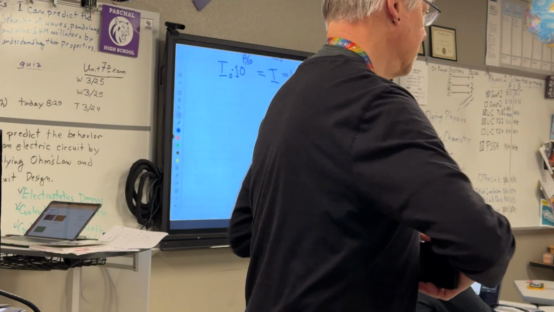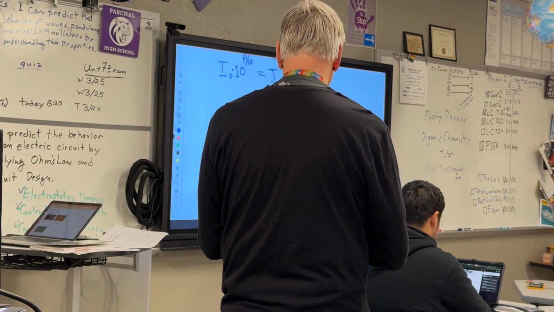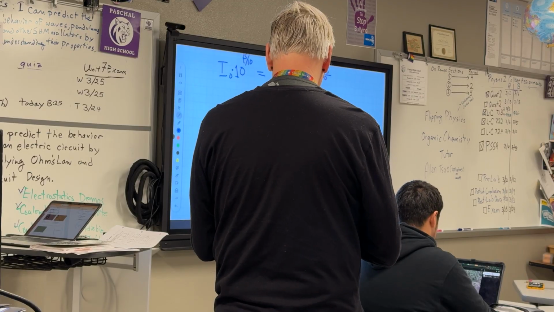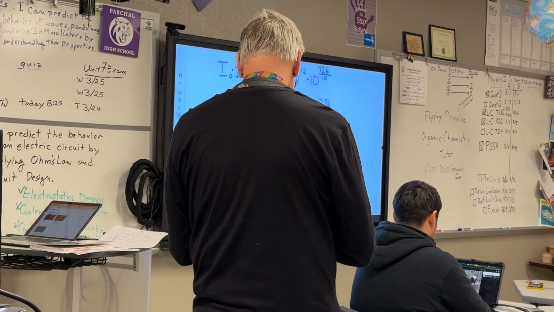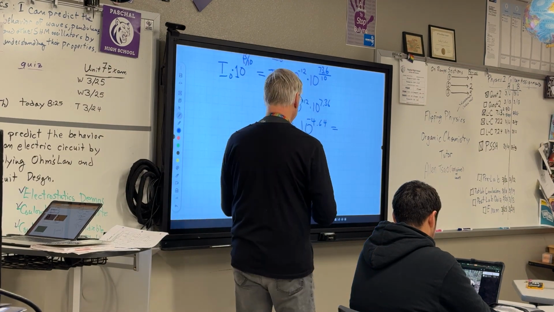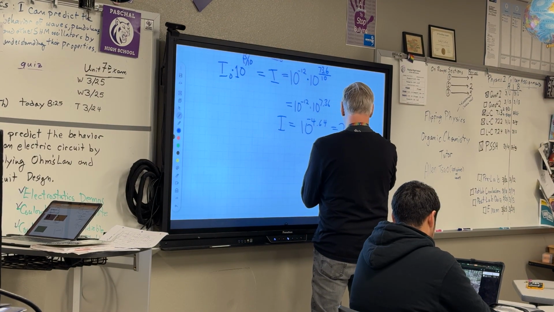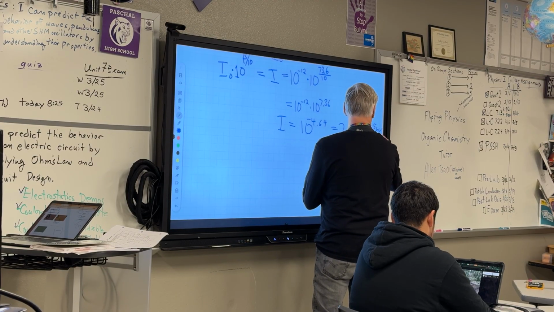Here we go. Negative 4.64. Your answers, of course, will be slightly different depending on what numbers you're given in your problem. So here's 2.29 times 10 to the minus 5 watts per meter squared.